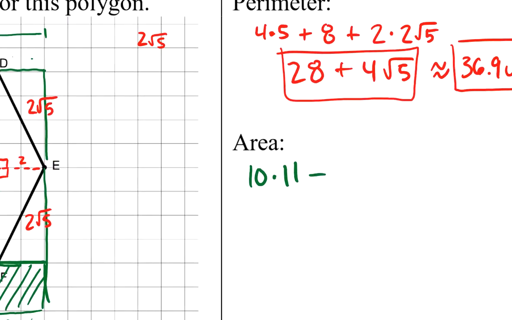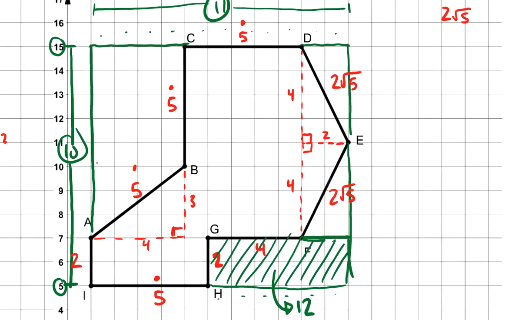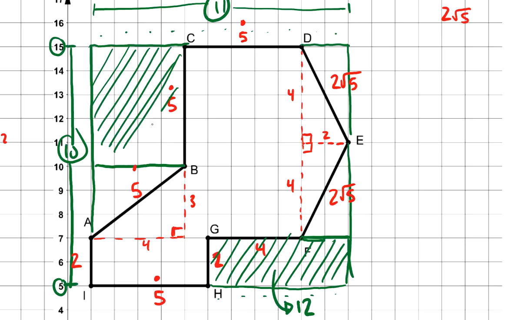I can just go ahead and come over here and I'll write minus 12. And let's see what else I can subtract. I think this would be an easier thing to look at as this rectangle. So this rectangle has dimensions that are 1, 2, 3, 4 by 1, 2, 3, 4, 5. So this has an area of 20 square units. So I'm going to subtract the 20.